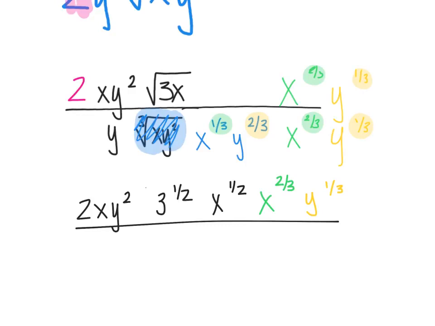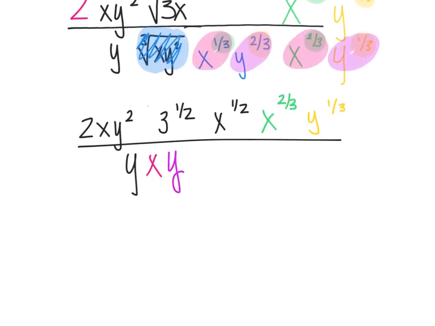And then on the bottom, I have my y that was already there, and then conveniently x to the 1/3 and x to the 2/3 just gives me x, and then my y to the 2/3 and y to the 1/3 gives me a y.